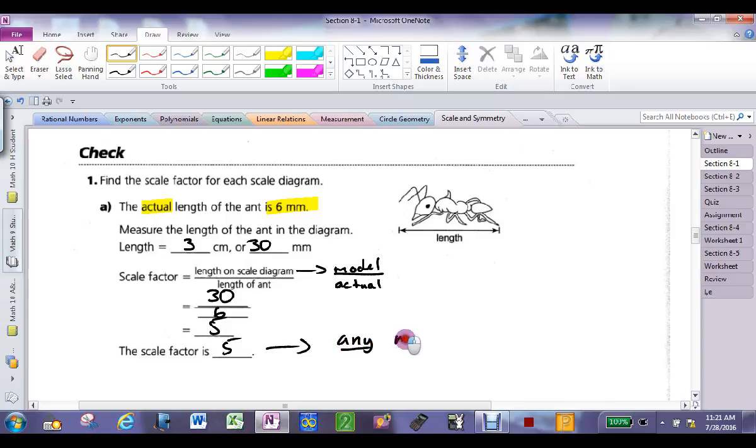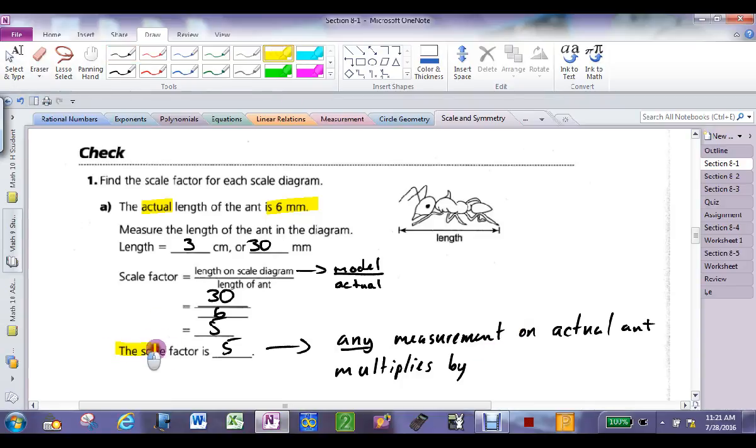Any measurement on the actual ant multiplies by what for the model? By 10? The scale factor is 5. So it always multiplies by 5.